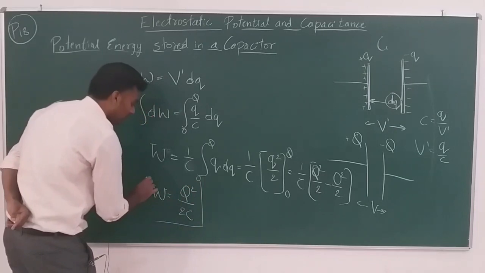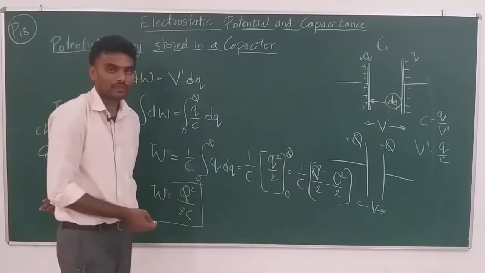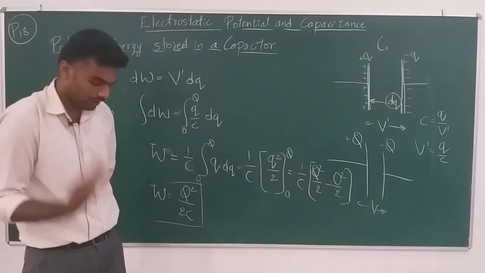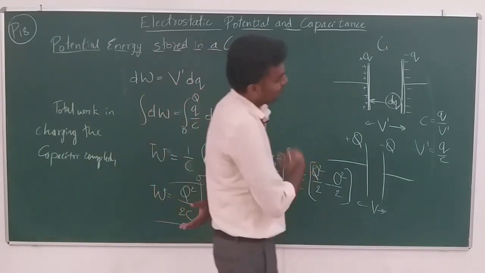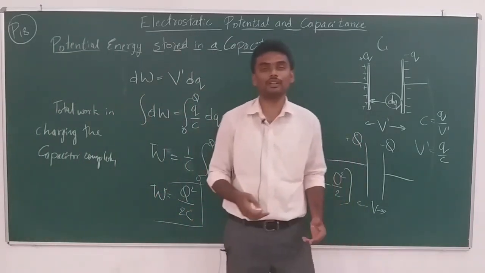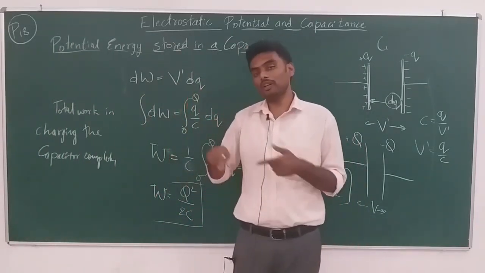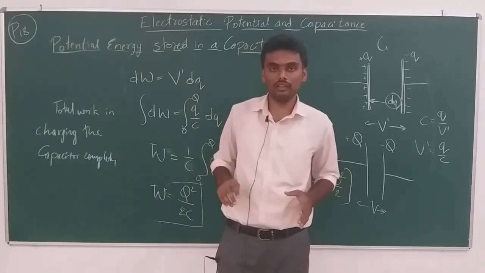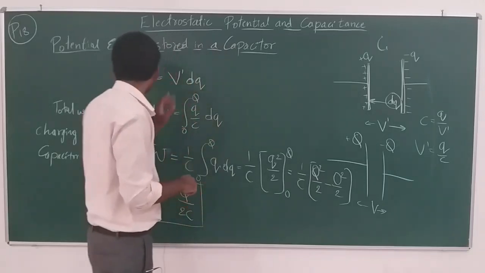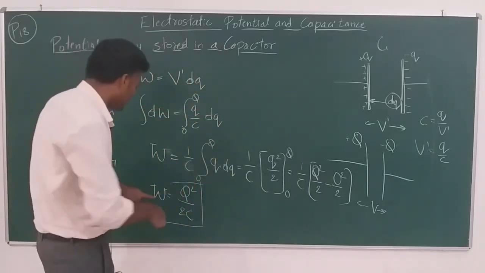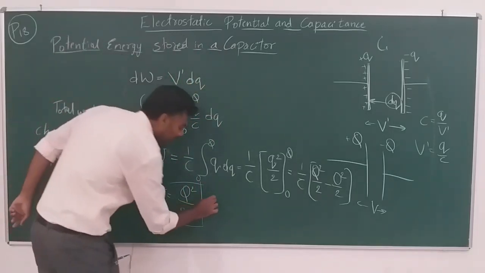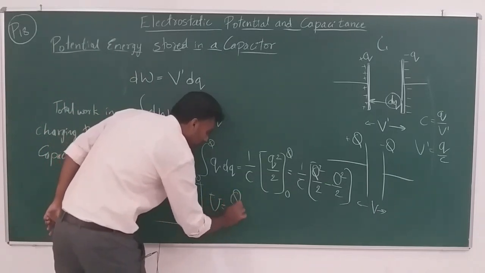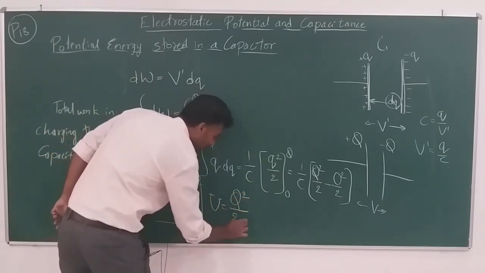The work we do to charge the capacitor will be stored in the capacitor in the form of potential energy. The potential energy stored in the capacitor is the same as this W, that makes U equals Q squared by 2C.